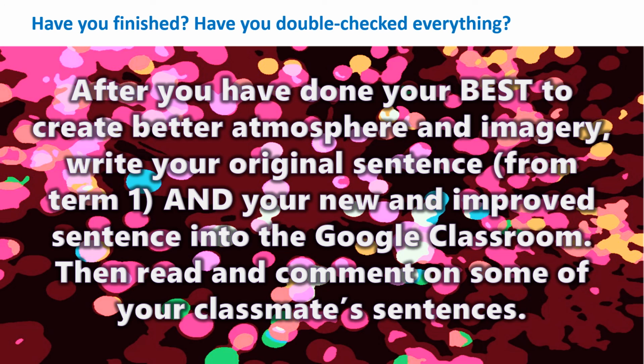Or if you think they've written something and it's okay but not the best one, yeah, you could perhaps make a comment and say, you wrote this simile, but I think this other simile would be better because blah blah blah. So make sure you do write a comment or a few comments on your classmates' sentences.